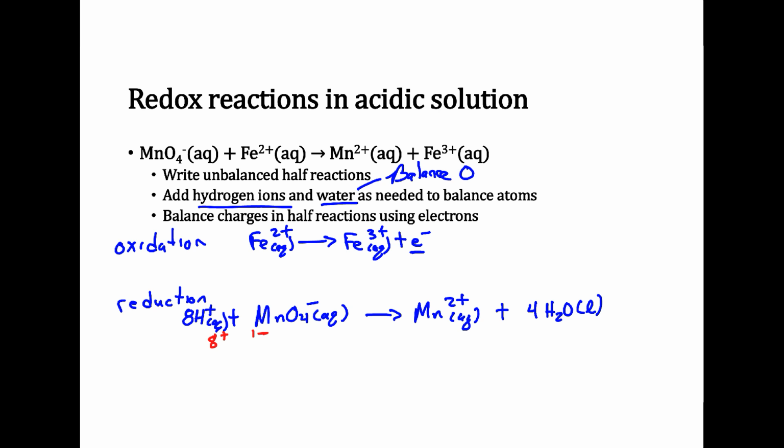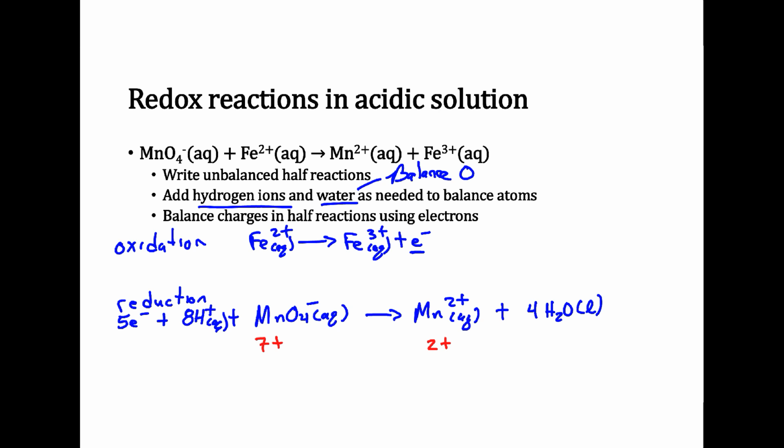So overall on the left-hand side, we have a total charge of plus 7. And then on the right-hand side, we have a total charge of 2 plus. So to balance this out, we're going to have to add 5 electrons to the left-hand side.